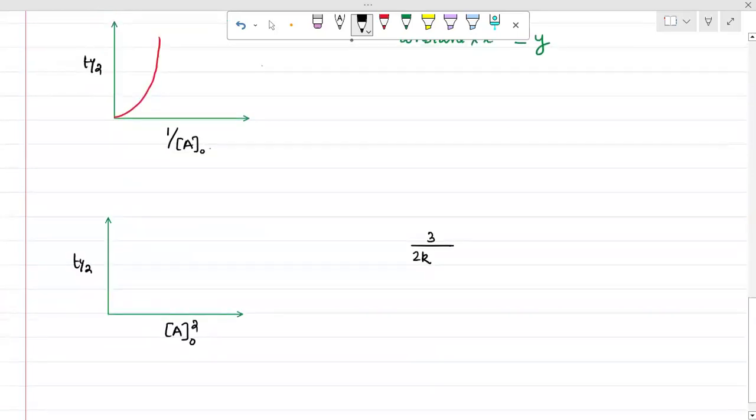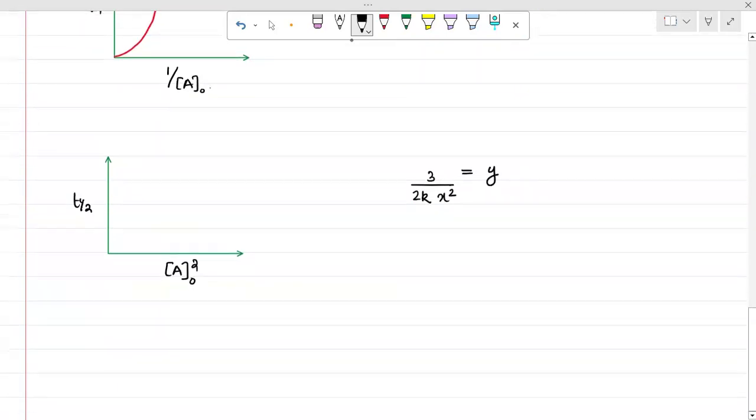Instead of A naught square, you can write it as x square. This is equal to y. Or if I rearrange, I can write it as x square y is equal to a constant. In second order kinetics, we saw xy is equal to constant. In third order kinetics, we are seeing x square y is equal to a constant. Both of these are hyperbolas. Okay, it will be slightly deeper, that's all.